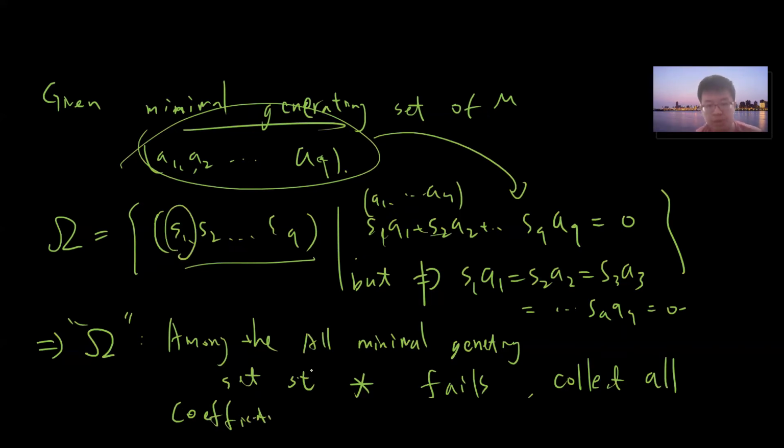Let's say this is S1. So pick the smallest one. Okay, so this is the most abstract part.